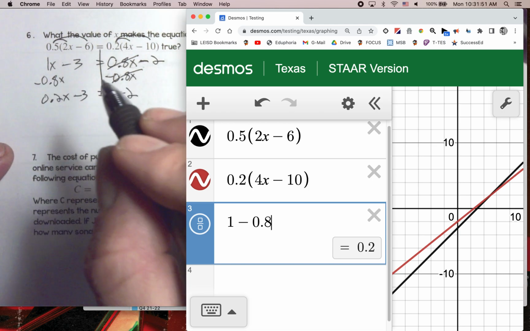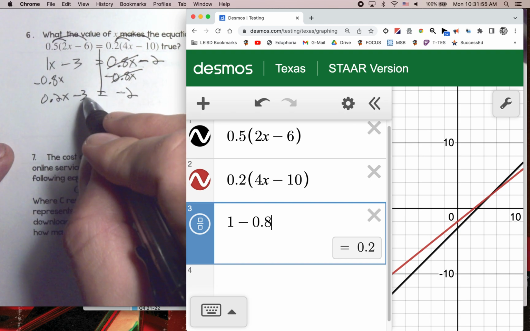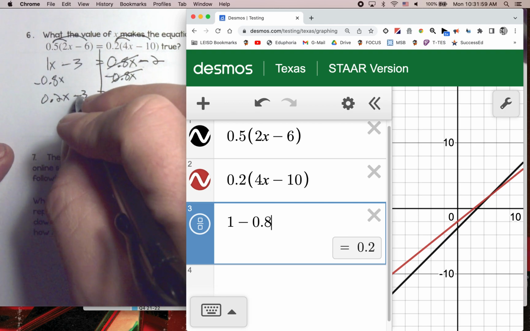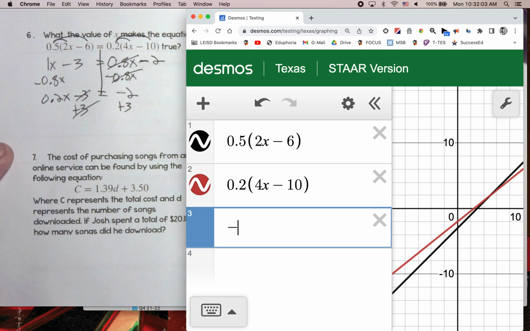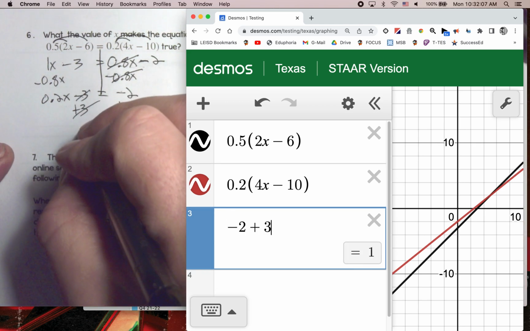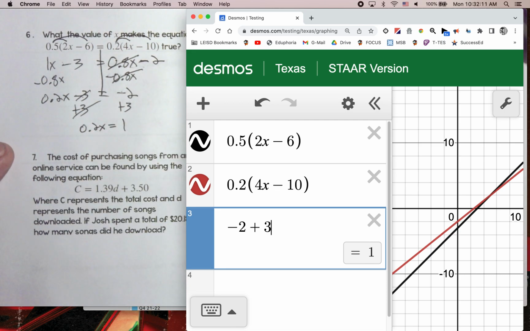Now I've moved my variables to the left. Now I'm going to move my constant to the right. So the opposite of -3 is +3. So -3 plus 3 is 0. And then -2 plus 3 is +1. So I get 0.2x equals 1. And then the last thing we want to do is divide.